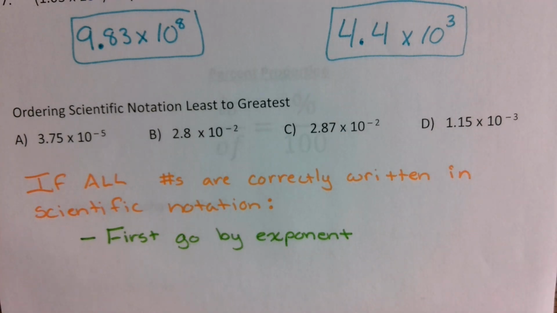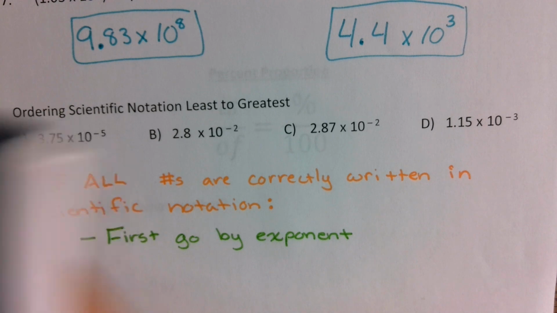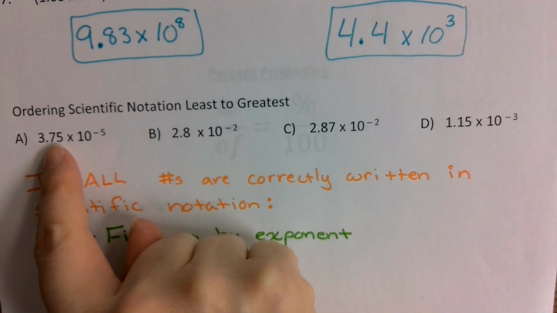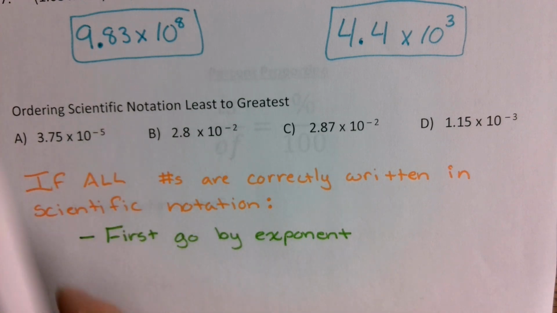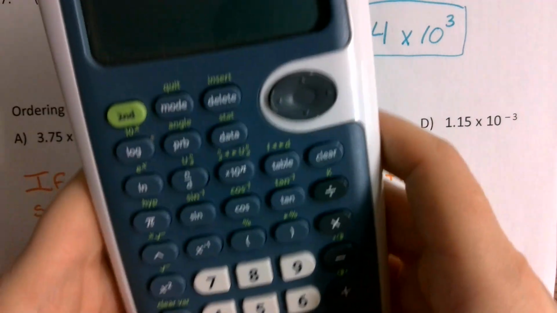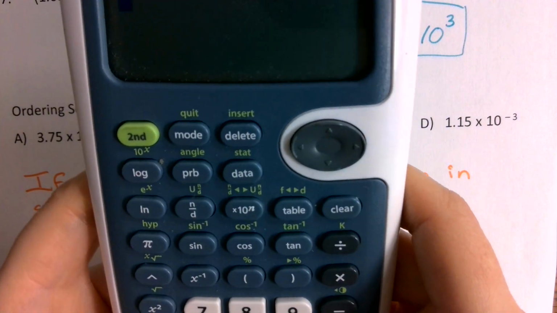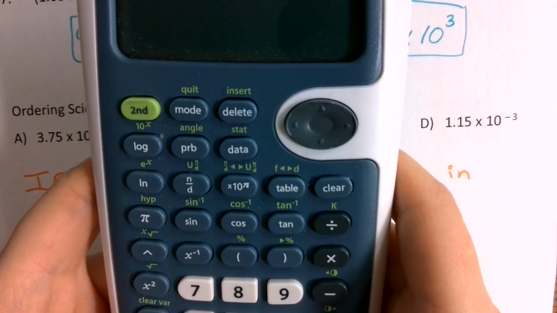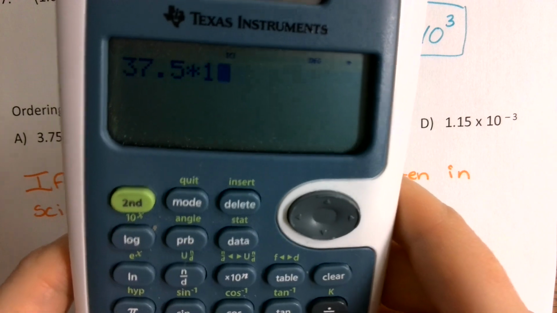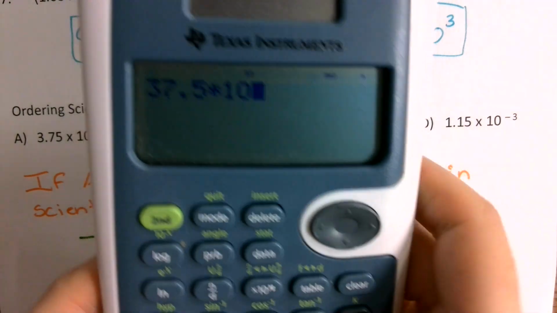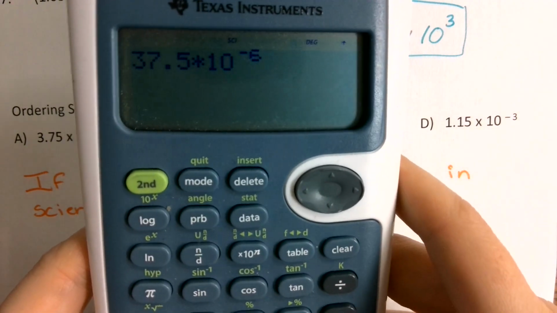Like I said before, let's say that problem A wasn't 3.75 times 10 to the negative fifth. Let's say that they accidentally had it written as 37.5 times 10 to the negative 6.